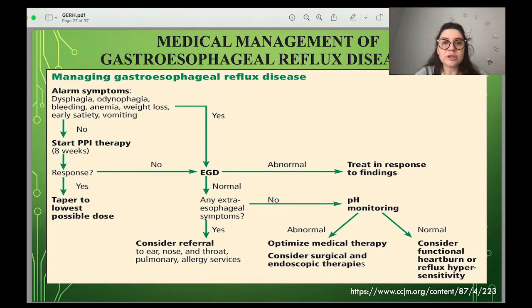And now the algorithm of medical management in GERD. I will not stop on it in detail. Here I systematically show you the approach to the patient. Are symptoms present or not present? Are alarm symptoms present? And what treatment strategies we use for all these patients.